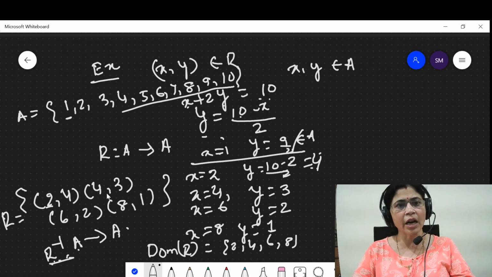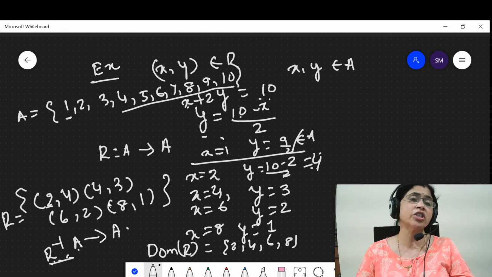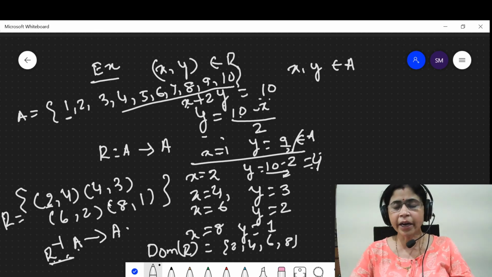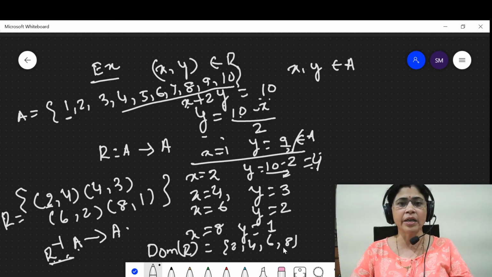But the inverse relation is just the opposite, from A to A, such that the domain of R is equal to the range of R inverse, and the range of R, {4, 3, 2, 1}, is equal to the domain of R inverse.